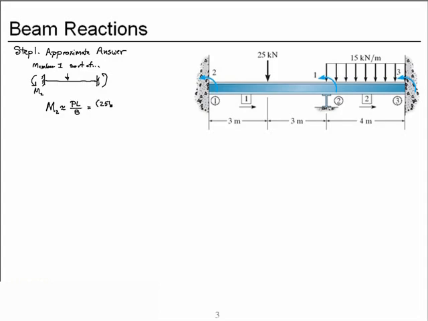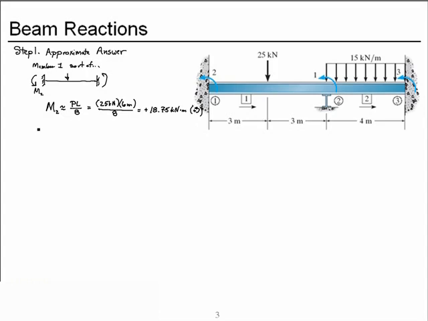So we have 25 kilonewtons times the 6 meters divided by 8, and that equals a positive 18.75 kilonewton meters in the direction drawn.